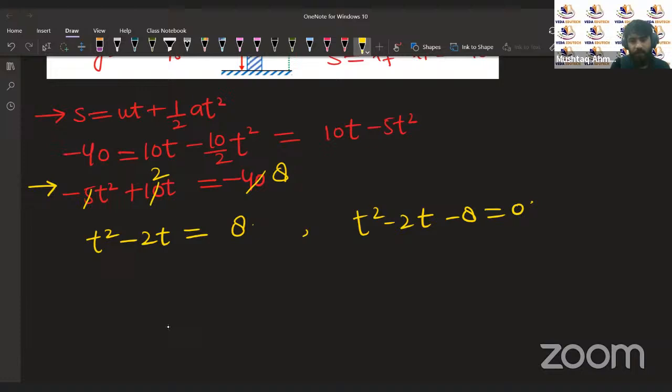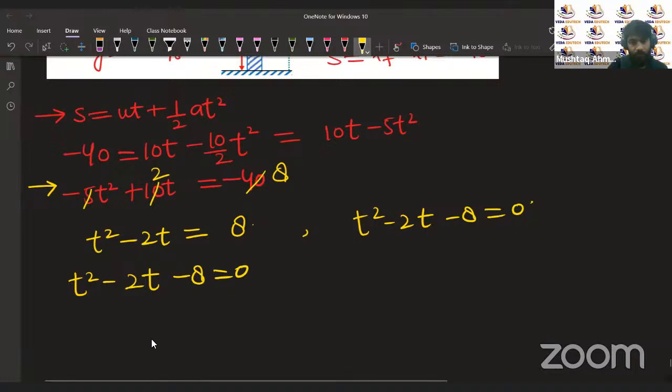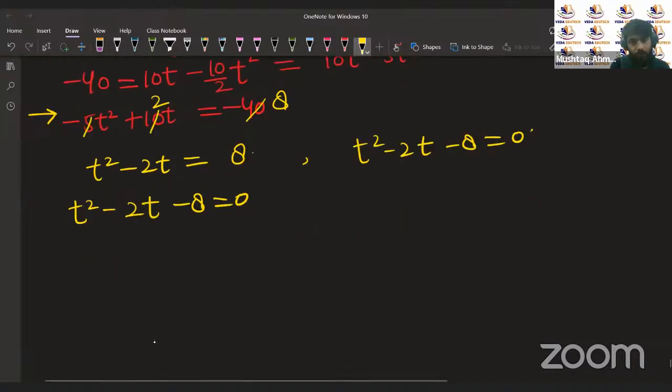So we can solve this quadratic equation, t square minus 2t minus 8 equal to 0. We can split the middle term here: minus 4t plus 2t, minus 8, equal to 0.